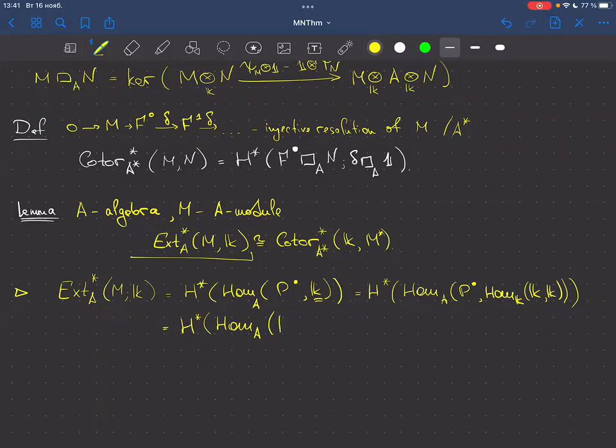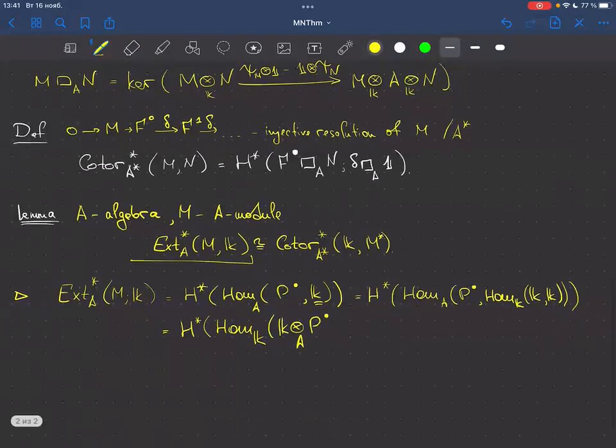I want to write it like this: tensor over K, I'm sorry, this is over K, P star over A to K.